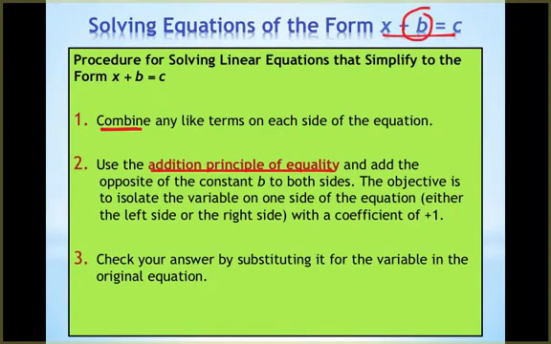That's going to eliminate the b from the side with x and get our x by itself, and we want it to have a coefficient of 1. Then we're going to check our answers by substituting into the variable in the original equation and make sure that our equation is true, because that's our job, to figure out what value we could substitute in for x that would make our equation true.